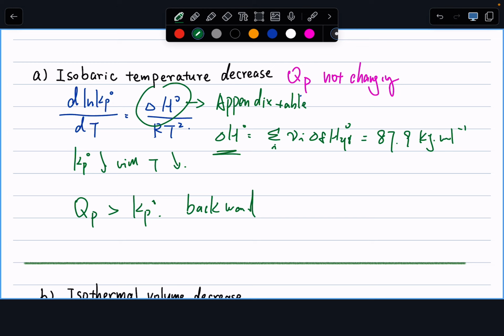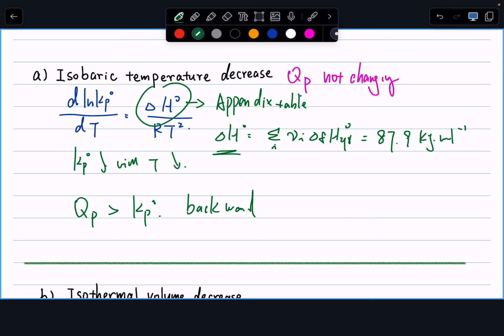We know that d ln KP over dT is delta H naught over RT squared. So the slope of my ln KP versus temperature depends on the sign of my delta H naught.